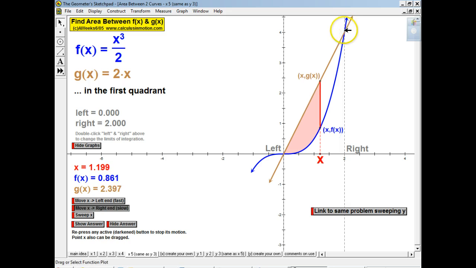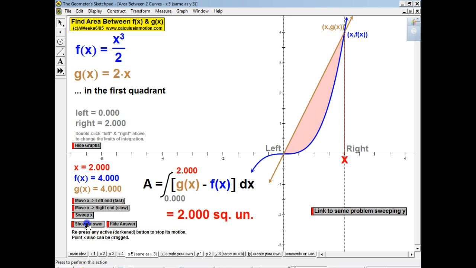We take the area of the line and subtract out the area of the curve, and what we will have left is just this area here. Well, we already know how to do the integral. So the area of this region would be the integral from 0 to 2 of g of x minus f of x.